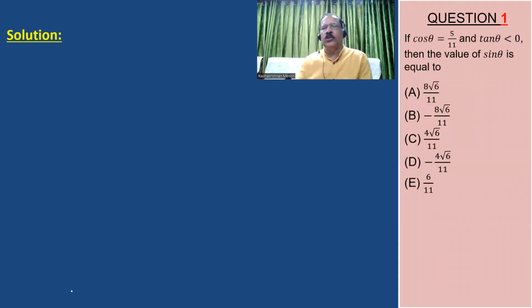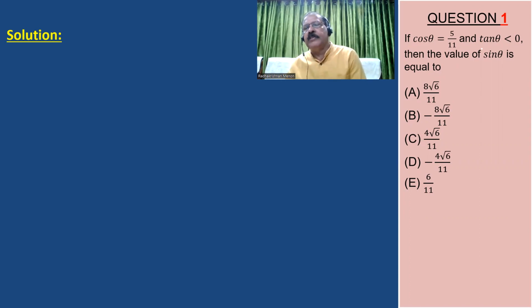Okay, now this is the first question. Cos theta equal to 5 by 11. Tan theta is less than 0. So when you see the question, immediately the method of solving that question should come into your mind. That is very important. Here cos theta and tan theta.